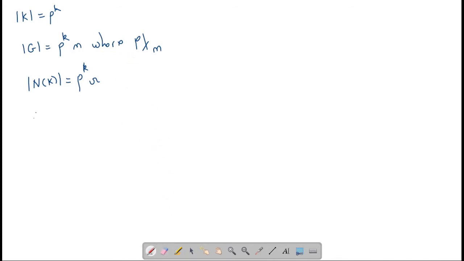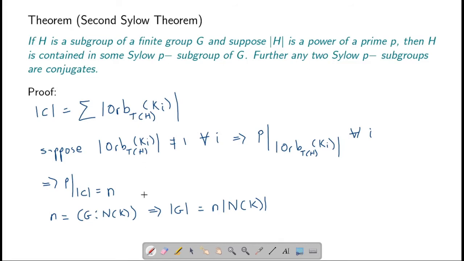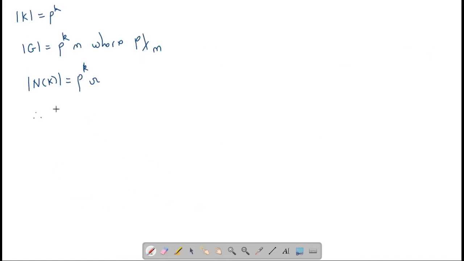Okay, so therefore, what we have here is, we write the number of elements in G in two different ways. We have the number of elements in G is N times p raised to k times r, and also you know that the number of elements in G is p raised to k times m, which will tell us that, from these two equations, you can cancel out p raised to k, you will get N r is equal to m.